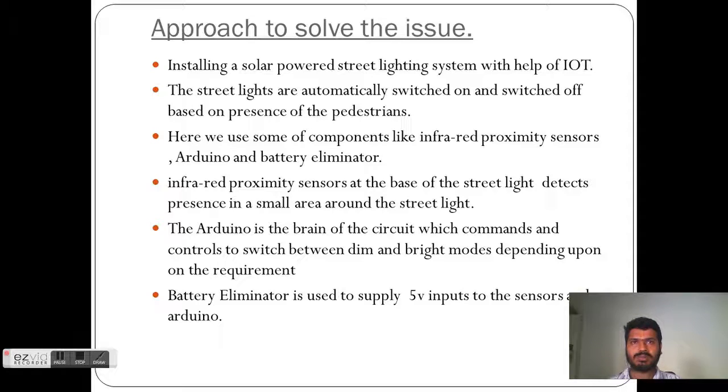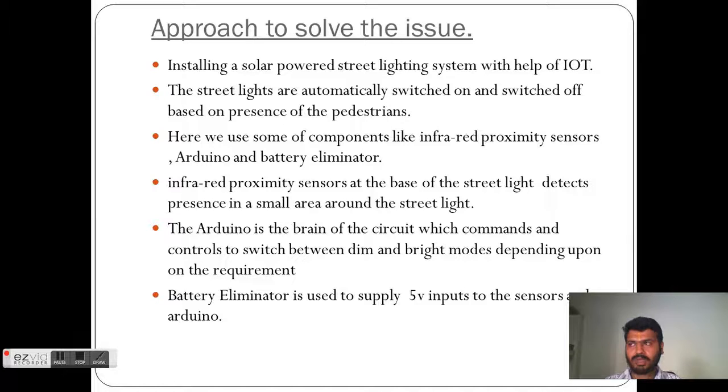How is it possible? Rather than using normal street lamps, we additionally use some components with the existing street lamps. Some of the components are Arduino, infrared proximity sensors and a battery eliminator.